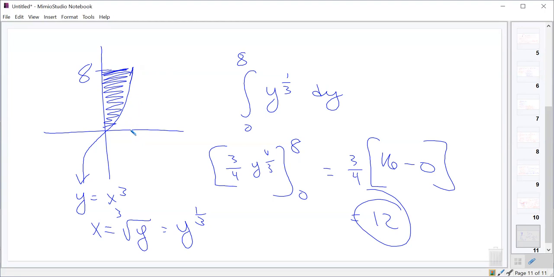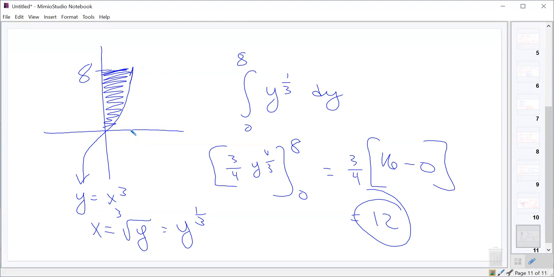I have a question. Oh, okay. What's your question? How would this look if it was in like the second, third, or fourth quadrant? In terms of what do you mean? Just finding the area using y in a different quadrant. So just like when we're doing it in terms of x, anything above the x-axis is positive, anything below the x-axis is negative.